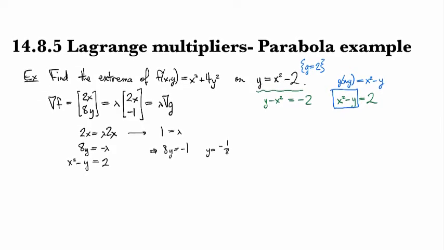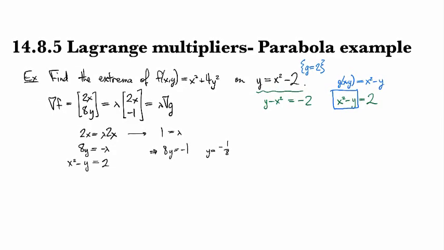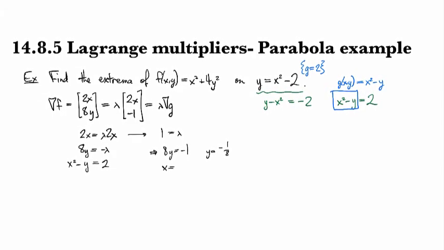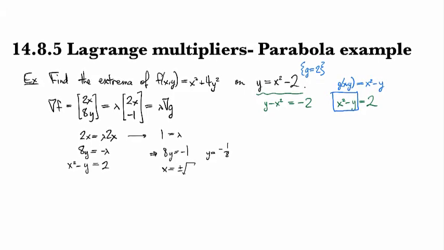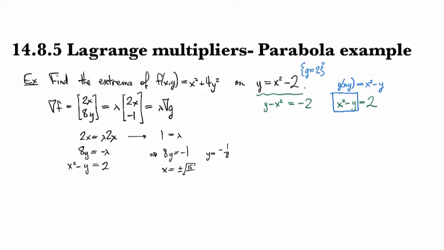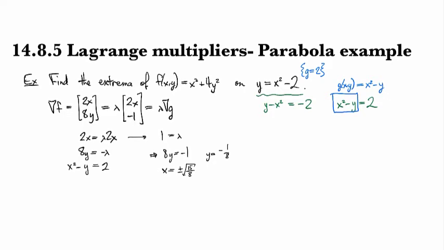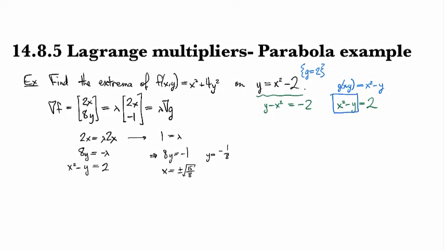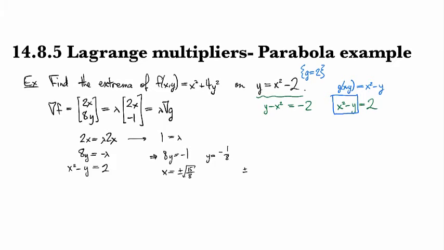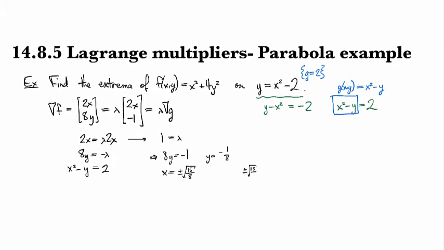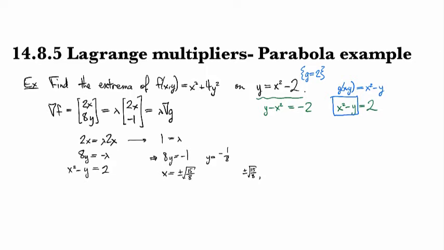And then from the last one, we can back solve using the constraint equation to see that x is equal to plus or minus square root of 15 over 8. Okay, and so then that tells us where we have our maxima and minima, at plus or minus root 15 over 8, minus 1/8.